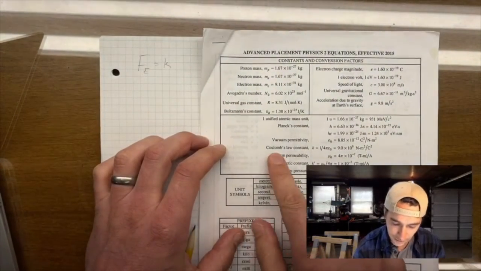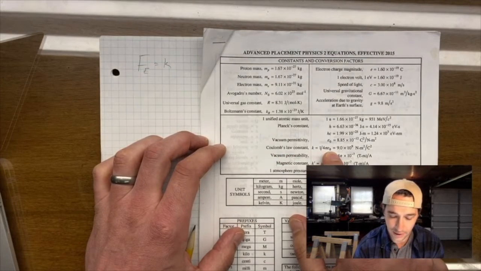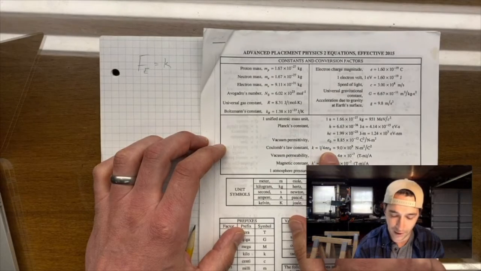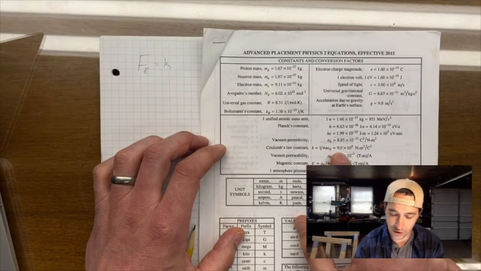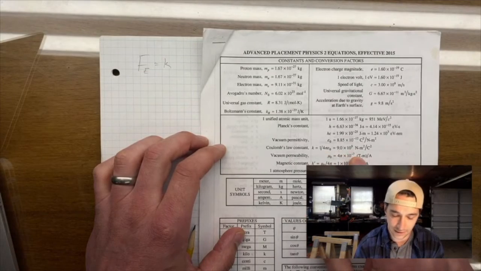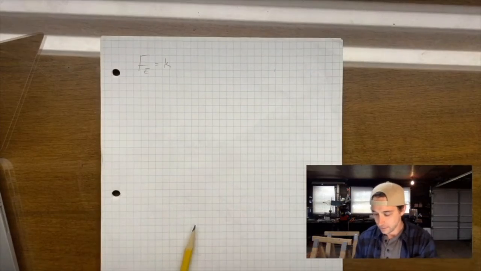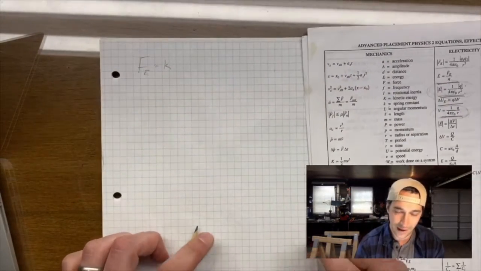We can see it right here, Coulomb's law, K, or that same 1 over 4 pi epsilon naught. So we kind of skip this 1 over 4 pi epsilon naught and just go straight to the 9 times 10 to the ninth. It's a little shorthand so that we don't have to keep writing that out every time. So let's go back.